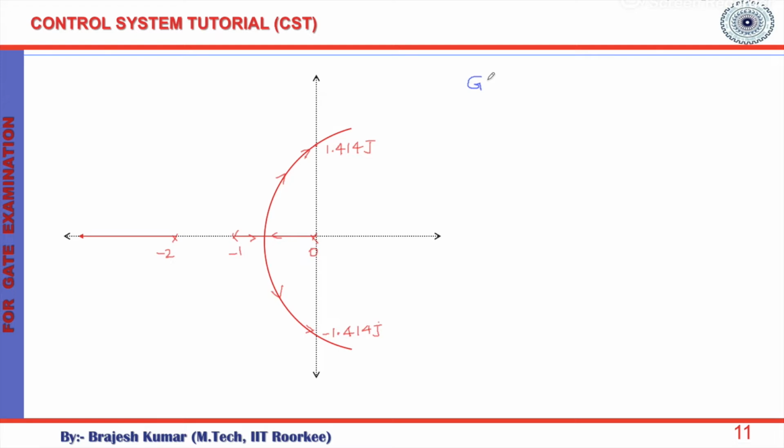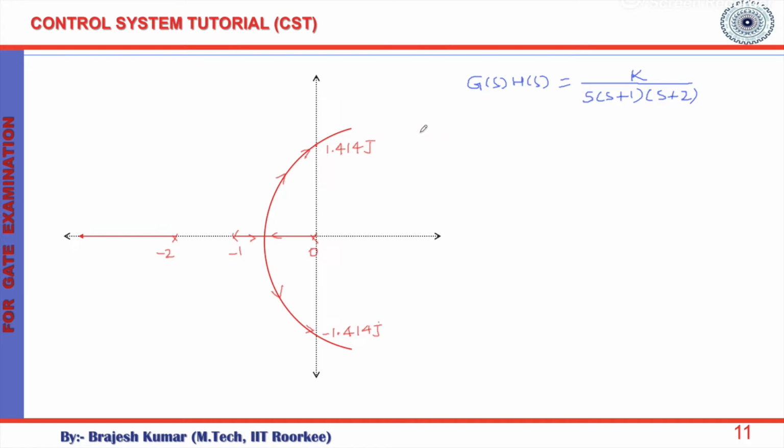We are having open loop transfer function G(s)H(s), that will be equal to numerator upon denominator. First talk about the denominator. We are having a pole at origin, so s, a pole at -1, so s plus 1, and a third pole at -2, so s plus 2. We are not having any zero, so the numerator will be 1, but we will have a variable gain k, so 1 multiplied by k will be equal to k.